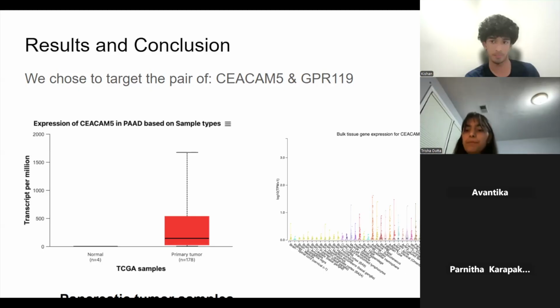GPR119 has a medium to high expression in pancreatic cancer and has no expression in the gastrointestinal tract. Therefore, we can use an antigen pair of CCAM5 and GPR119 in an AND-gated CAR T therapy to precisely target pancreatic tumors.